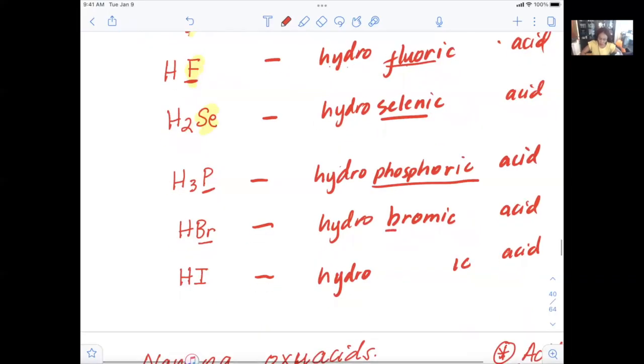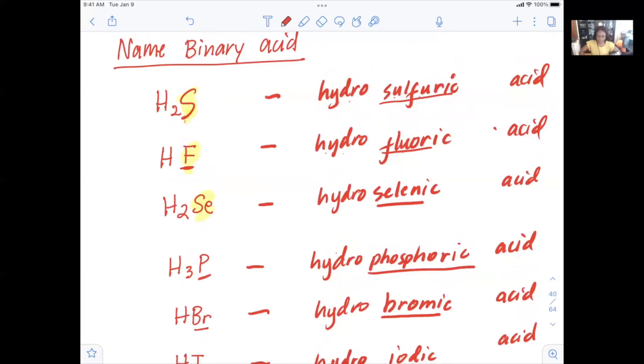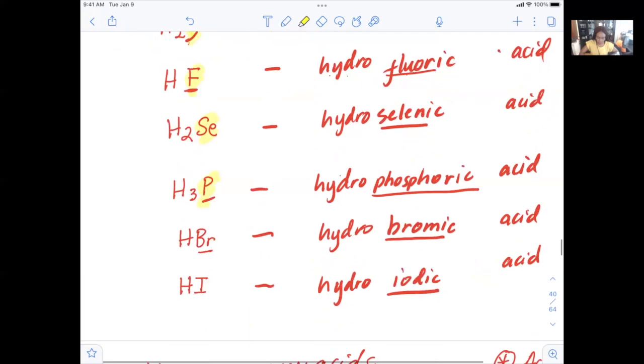So hydrobromic acid. And then iod is the stem word for I. So hydroiodic acid. Okay. So hydrosulfuric acid, hydrofluoric acid, hydroselenic acid, based on this hydrophosphoric acid, hydrobromic acid, hydroiodic acid. Okay, remember, hydro reminds you it's binary.